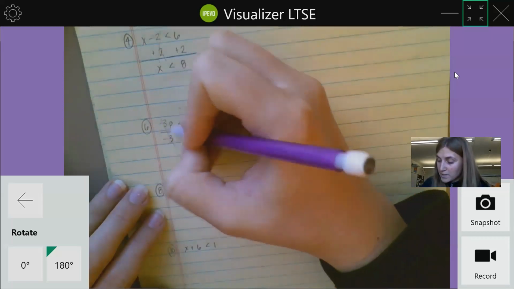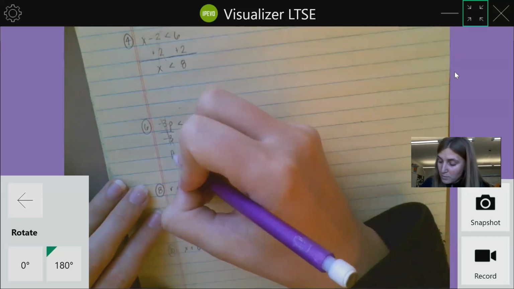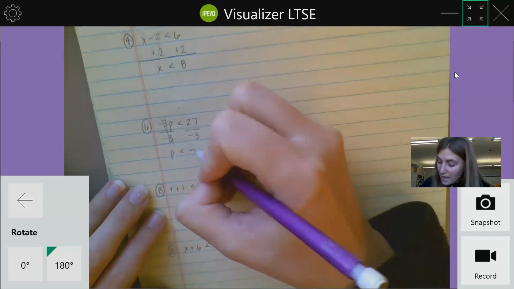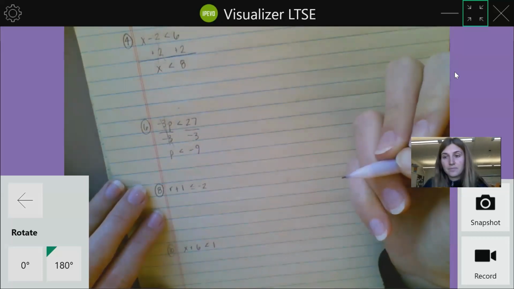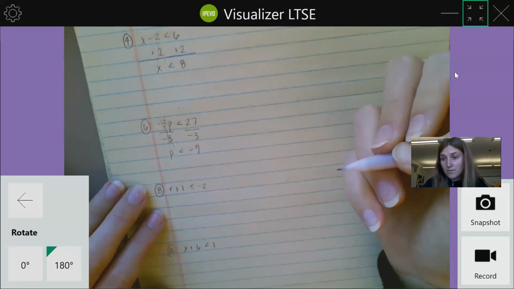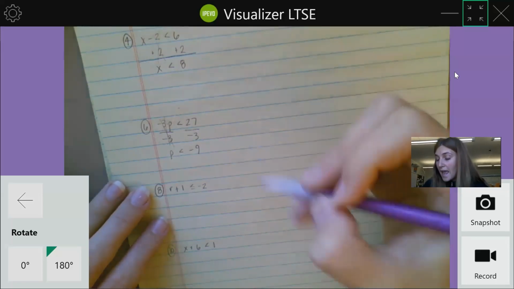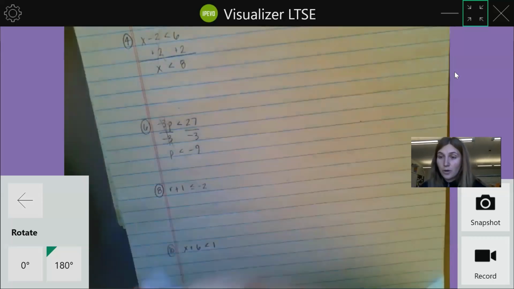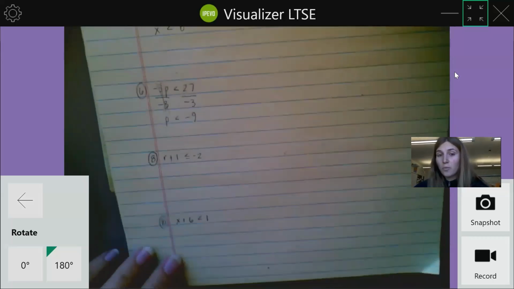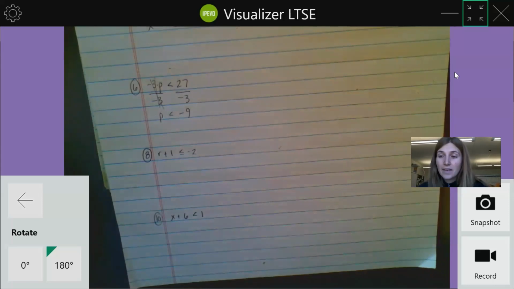These negative 3's cancel out, and I'm left with just p less than negative 9. Is that what you got? Right. I want you to pause the video again and graph this on your number line. And then get started working on number 8, and then come back and I'll go over it.